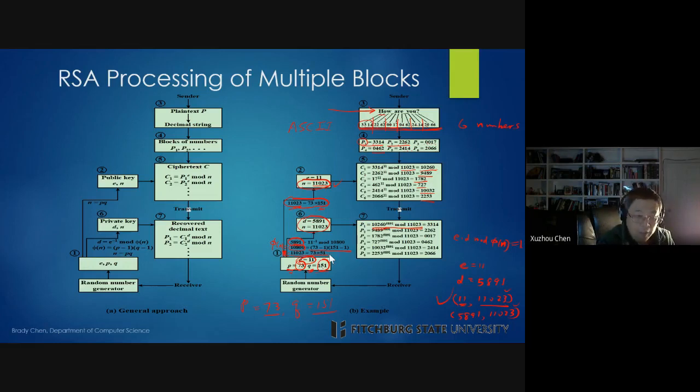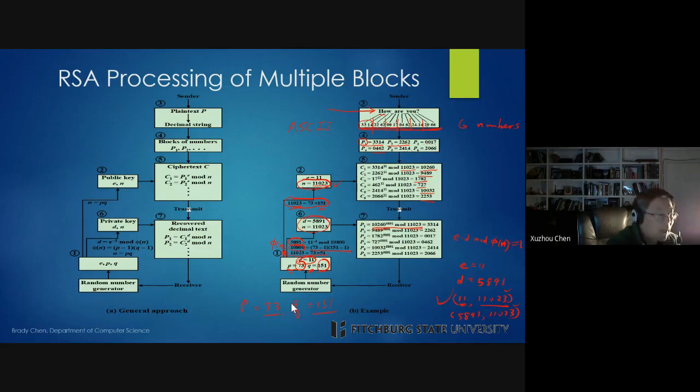But this basically gave you the idea how to encrypt the message. How can I generate the two keys? I first find two prime numbers, and then I multiply these two numbers to create a number n. So n is P times Q. And then I find phi of n.